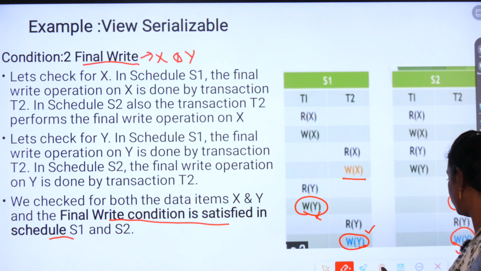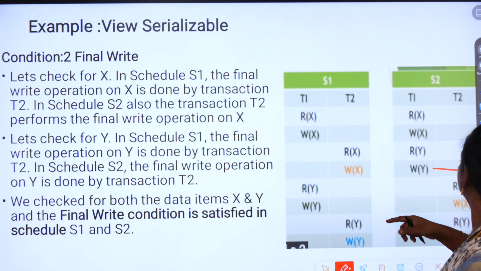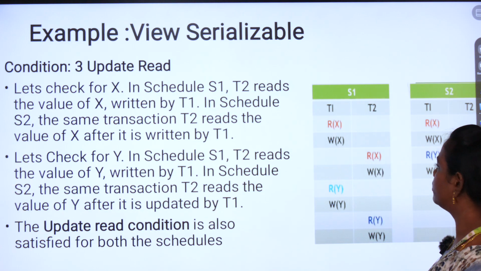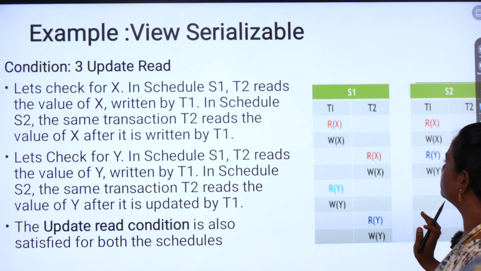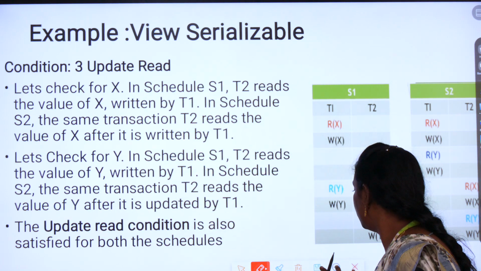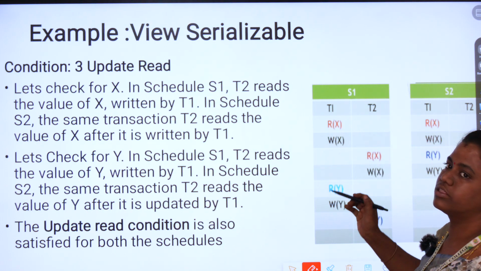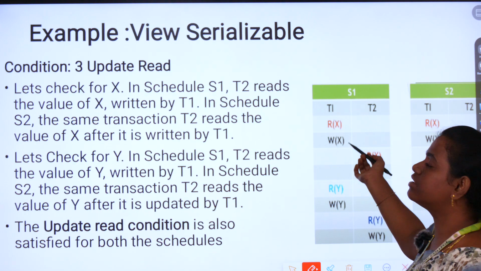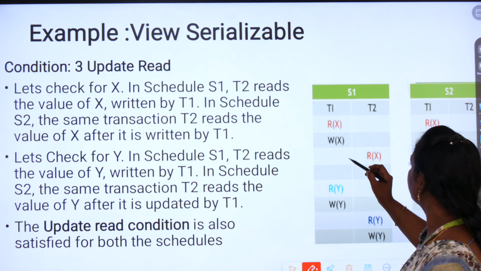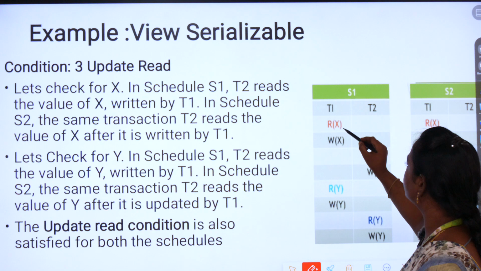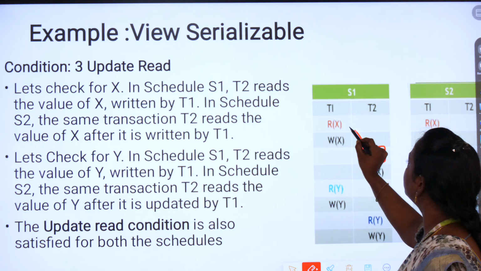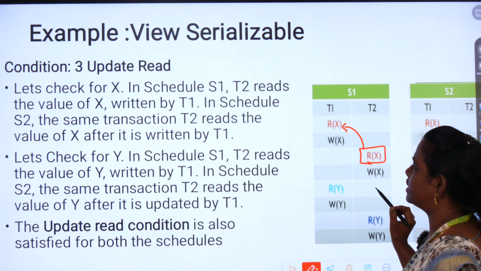Next see the third condition, which is update read. In update read, we check whether the updated value of X and Y is read by a particular transaction that was written by the previous transaction. Now check for X. In schedule S1, T2 reads the value of X that is written by transaction T1.